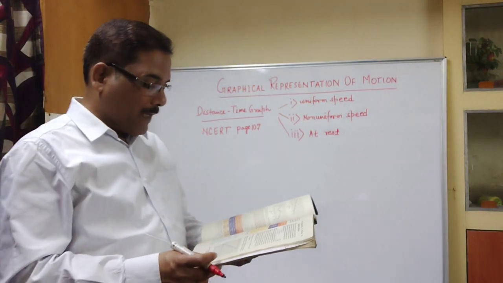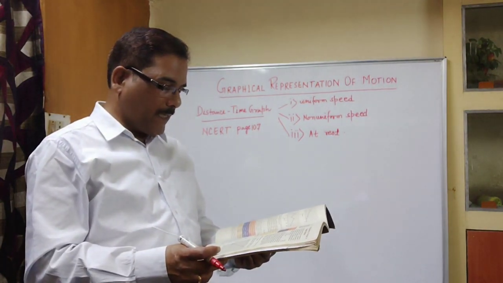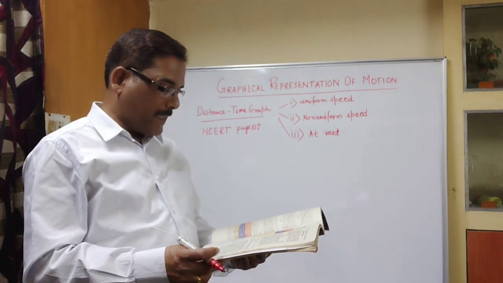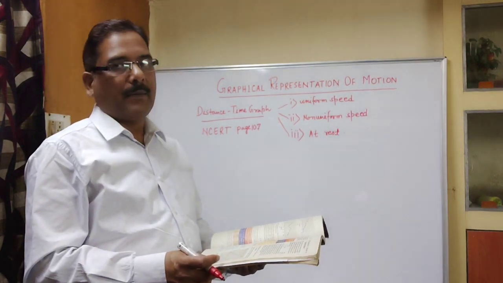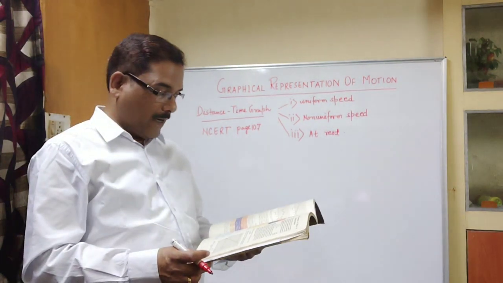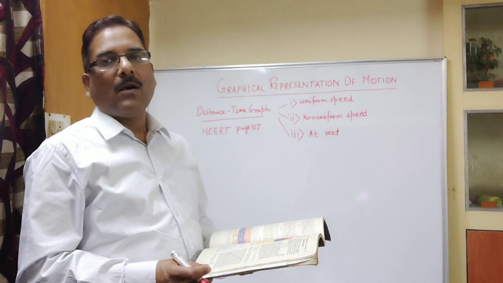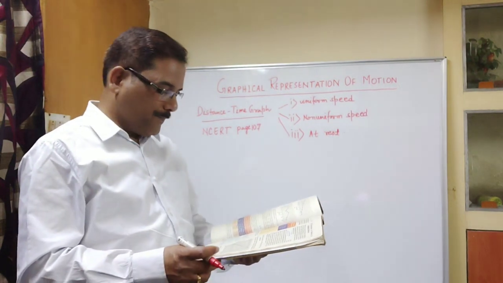Second question, what can you say about the motion of an object whose distance-time graph is a straight line parallel to the time axis? I have discussed that if the distance-time graph is a straight line parallel to the time axis, it means the object is at rest.